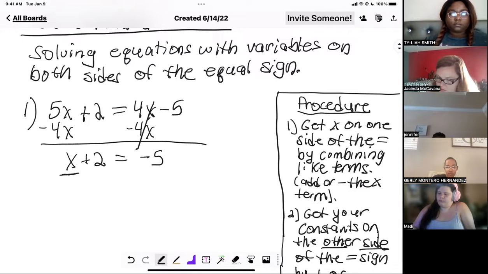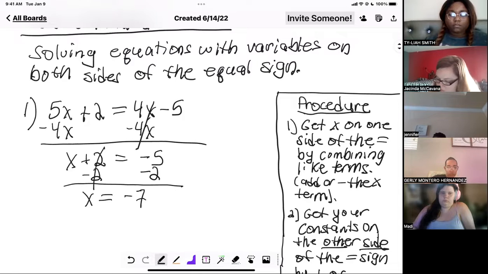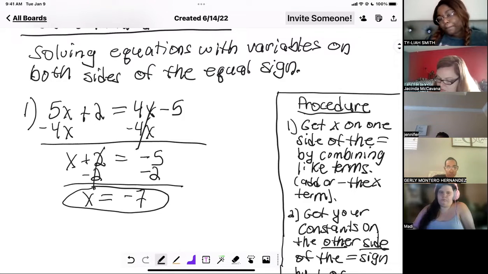So I'm going to subtract 2 on both sides of the equal sign. And this one's going to be nice because I just get x is equal to -5 - 2, which is -7. I don't have to divide, I don't have to do number 3, because I don't have a number in front of x. So I just have x by itself. So x equals -7.